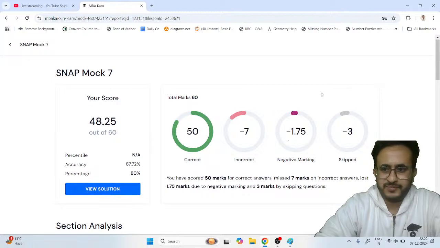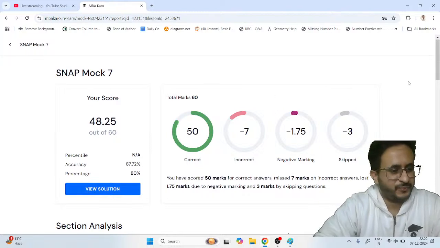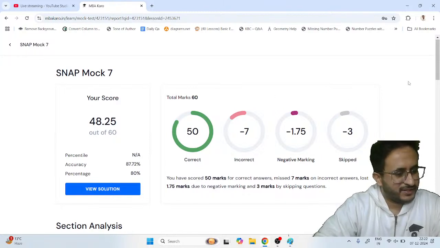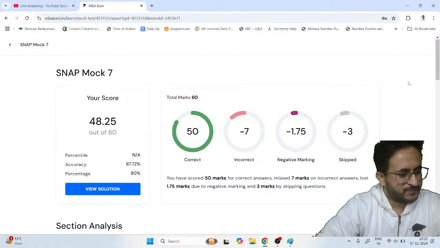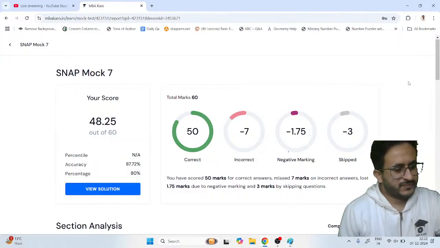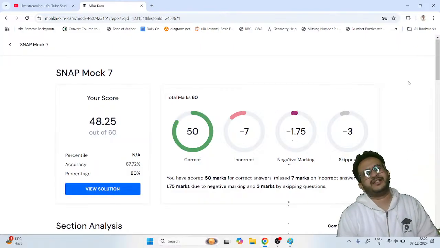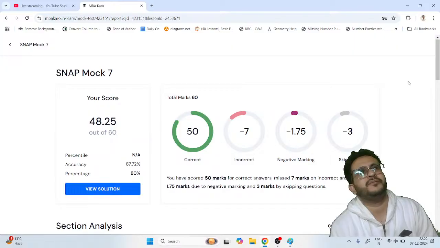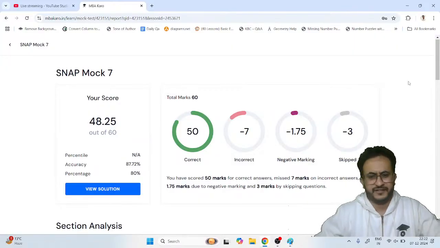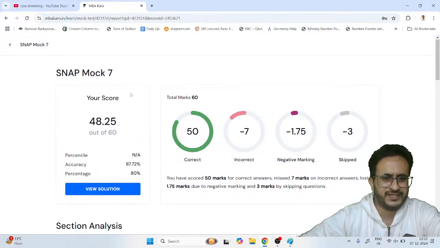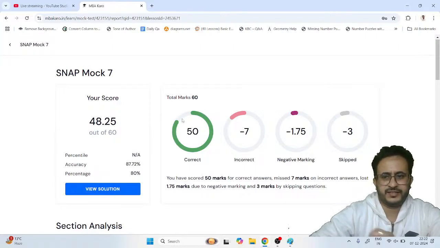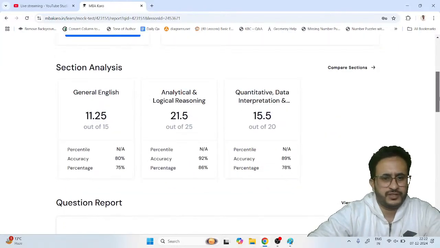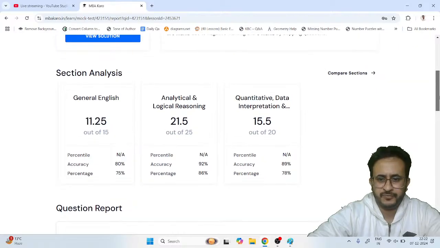All right, so I got a score of 48.25. A decent score though, right? In this mock, it was slightly on the difficult side. I would say my quant score was less, 15.5.